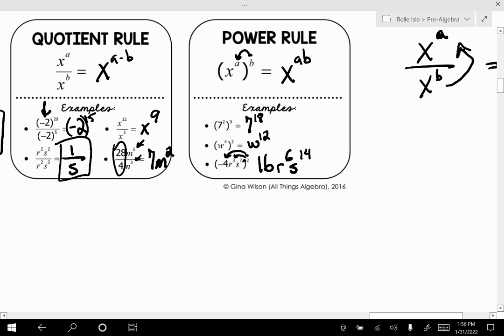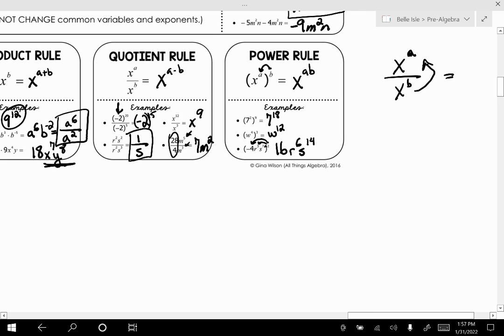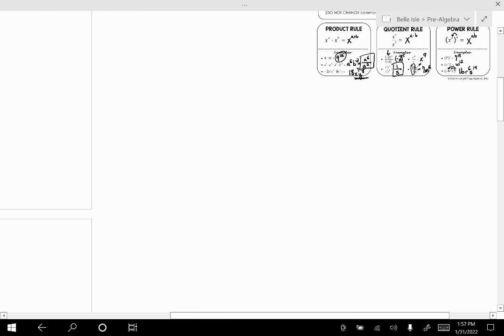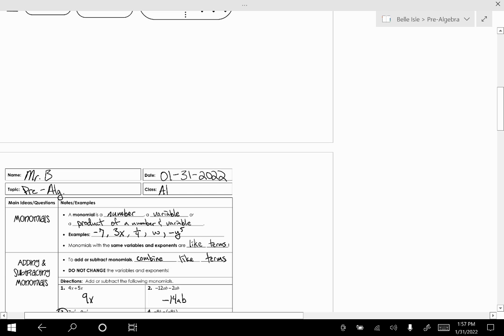Nice. Let's go to the notes. Yeah, your next page. It's not usually, actually.